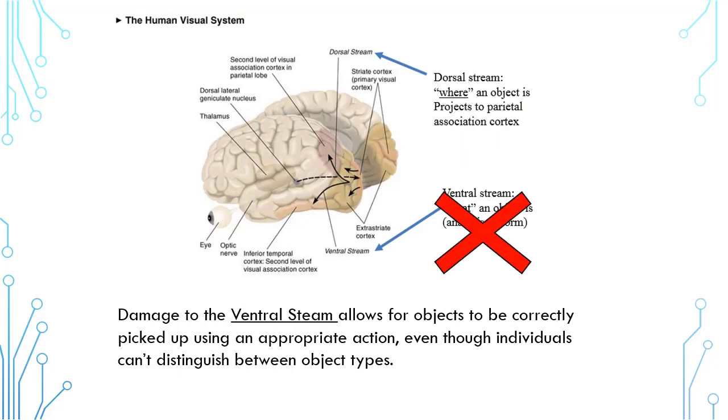On the other hand, if we damage the ventral stream, then individuals can pick up objects correctly and use all of those important spatial features that we were just talking about. But the kind of interesting thing is they can do this and in some cases don't even recognize what the object is.